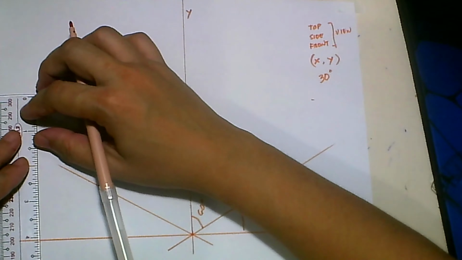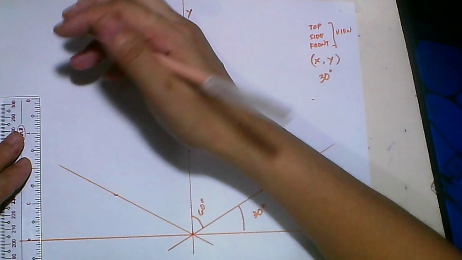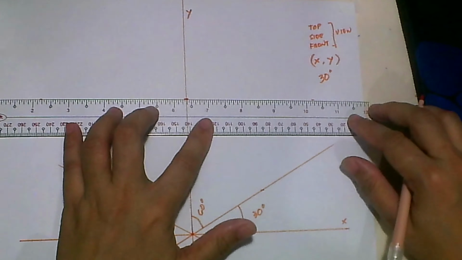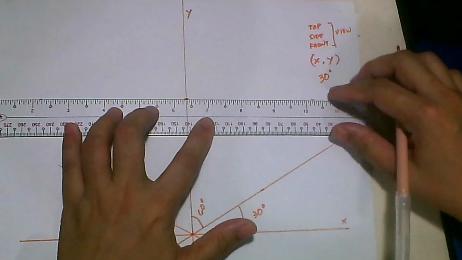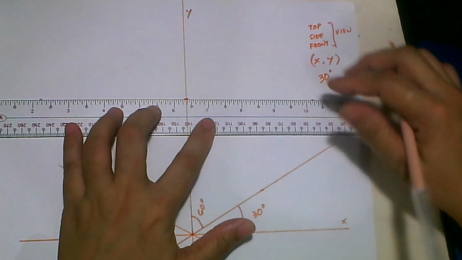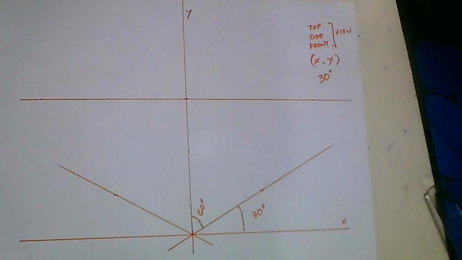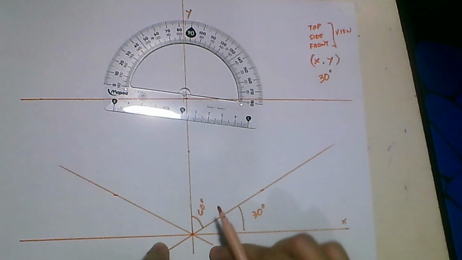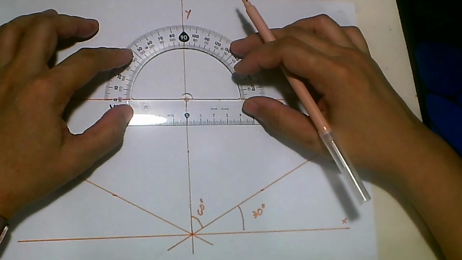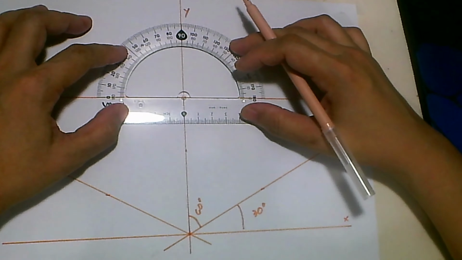Okay? Sana pantay. So, let's create a line here. With that, we are going to create another of this. Okay? So, this one.